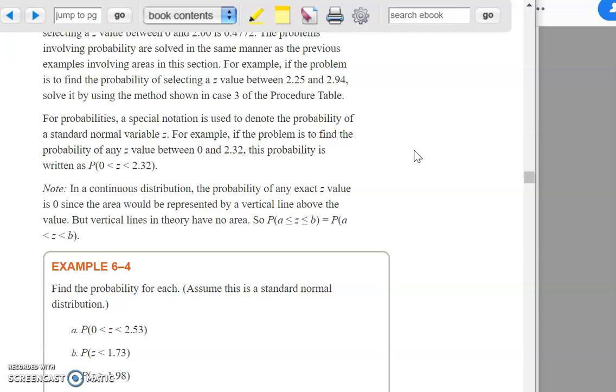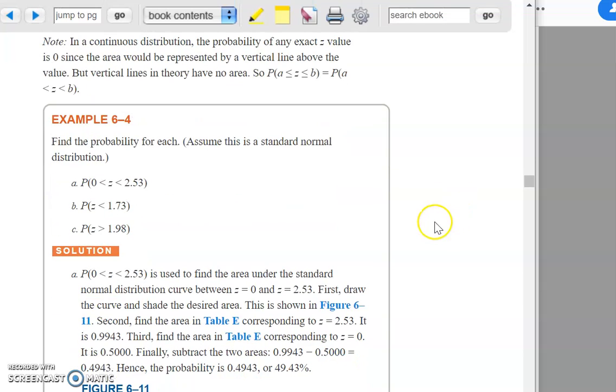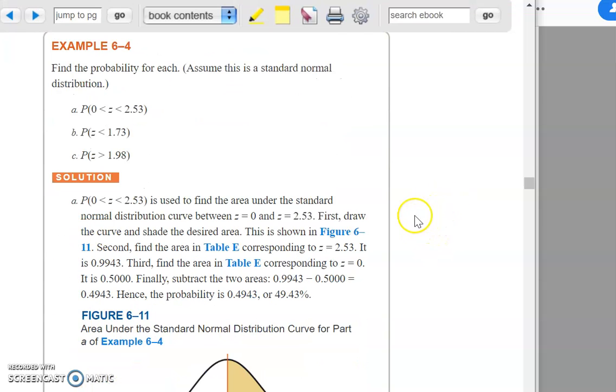So if someone says this is the probability of this exact value, you've got to be very cautious. That's not really what it means. It's always going to be an area that makes sense when it comes to probabilities. That's really not a big problem. We'll see here in a little bit how we can deal with that. It's just the way it works.